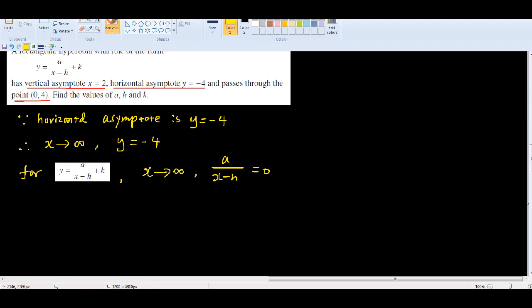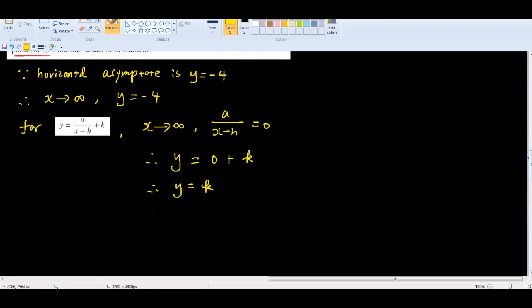So in this case, we will have y equals 0 plus k, so y equals k. But since we already know that y equals minus 4 is the horizontal asymptote, the conclusion is k equals minus 4. That is the logic for how to find k.